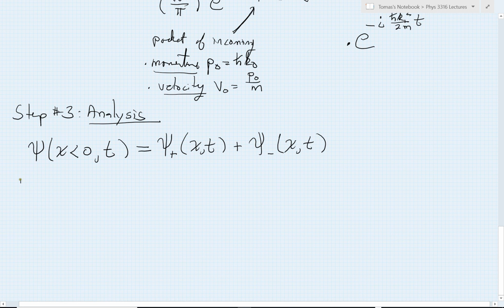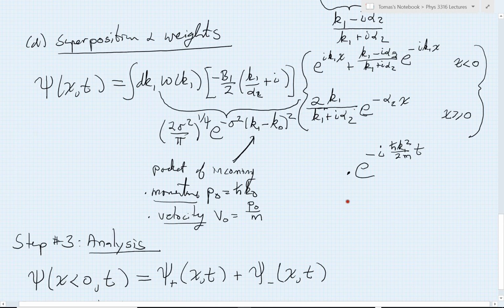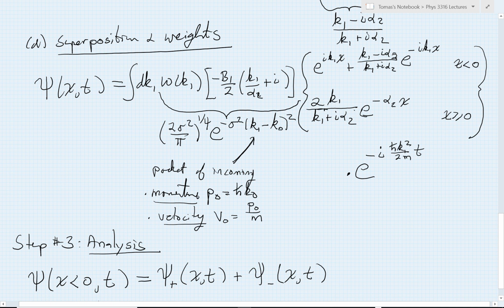So let's first focus on the psi plus. Now the psi plus of x and t, my claim was I had designed that to look exactly like my normal free space Gaussian wave packet. And if you look at just that piece, you can see that's exactly what I've got. I've got exactly the weights I had before, except now it's written as a function of k1, but that's my integration variable now instead of k.